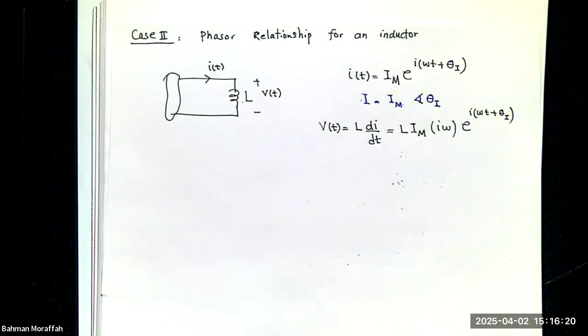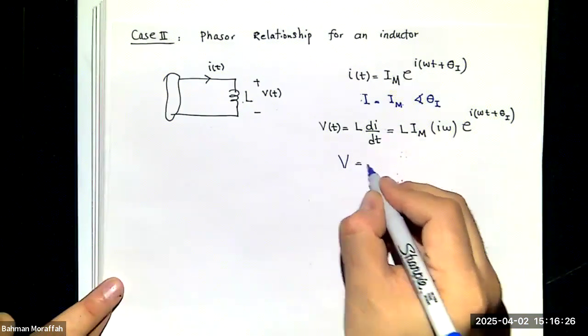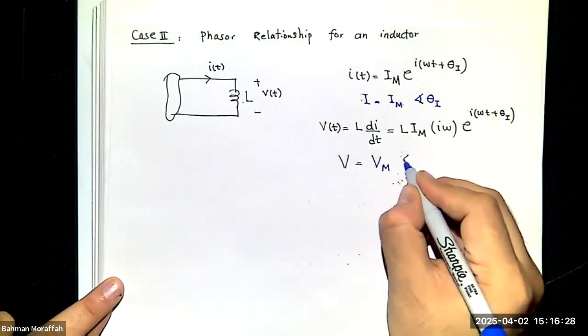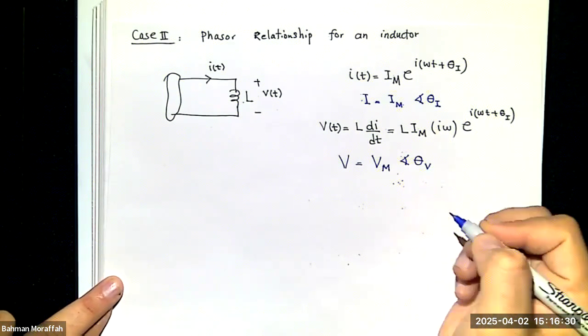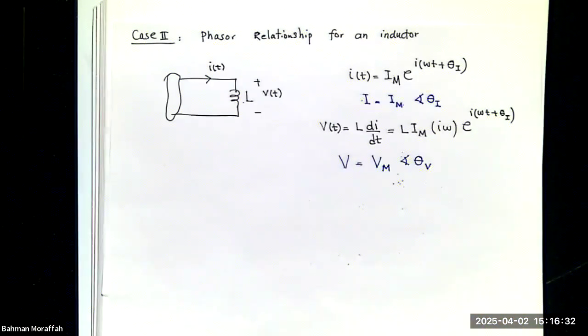Let's look at the phasor representation of this V. Again, that must be some Vm and the phase theta V. What is this Vm? This Vm is the magnitude of this V(t).